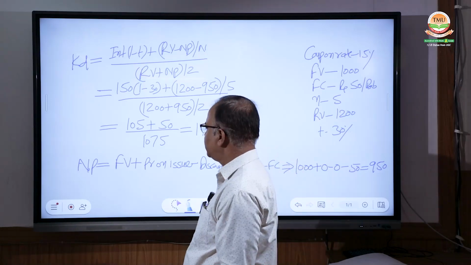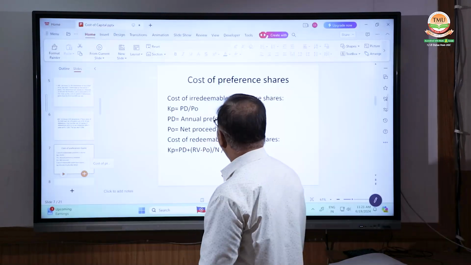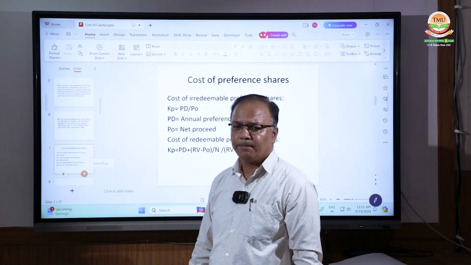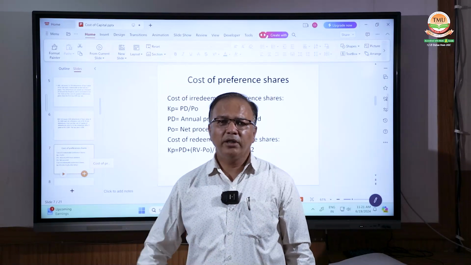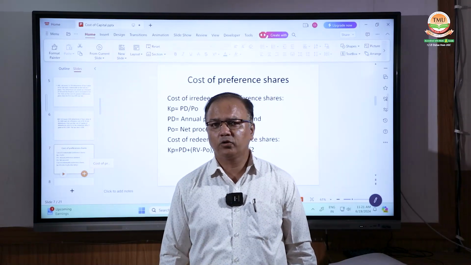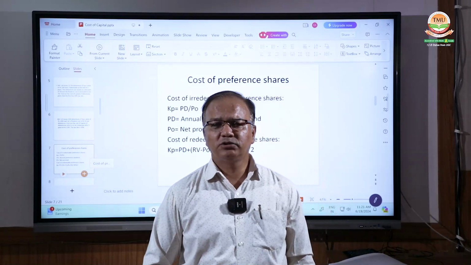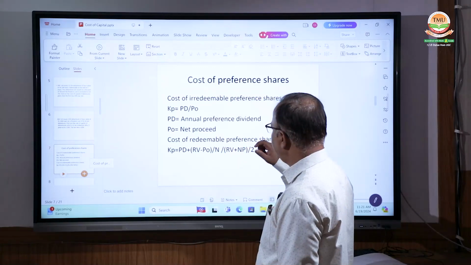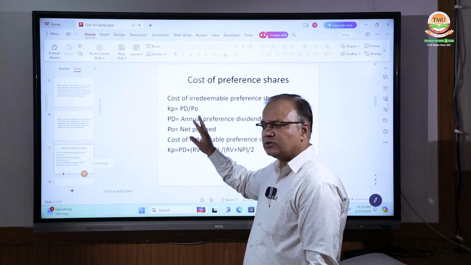Very easy problems. Now come to cost of preference share. I am continuing the topic because cost of preference share and cost of debt are almost the same, as if we see, the formula is almost the same.